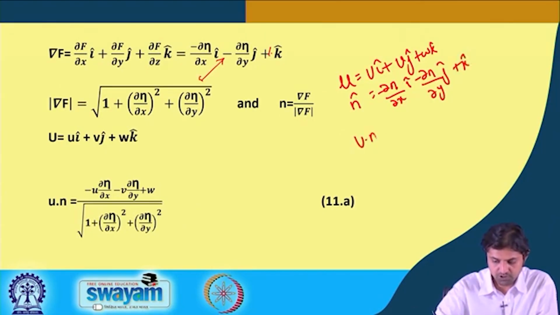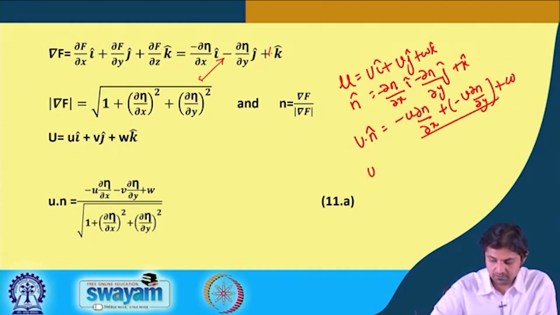If you do u dot n, the i and i terms will give minus u del eta del x, minus v del eta del y, plus w, divided by, of course, the denominator, the square root of 1 plus del eta del x whole square plus del eta del y whole square.